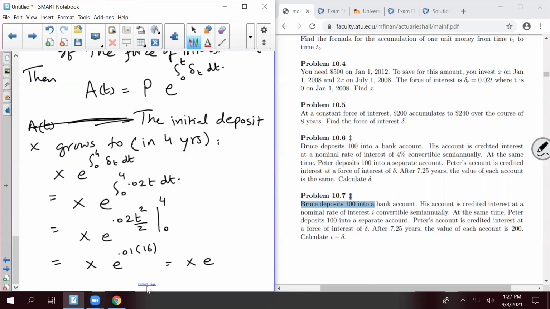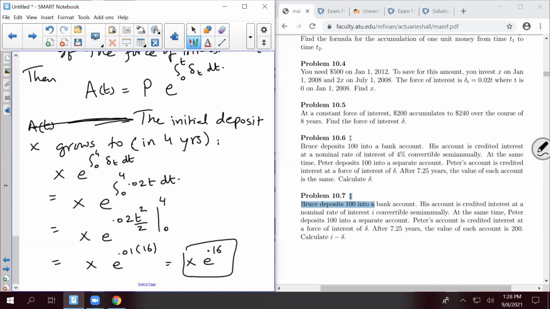X e to the 0.16. So this is what happens to that initial X after 4 years. It grows to this much.